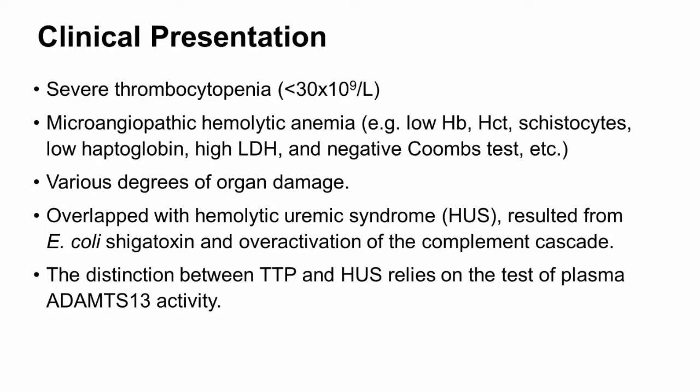In adults, it can also be caused by overactivation of the complement cascade. So the distinction between TTP and HUS clinically can sometimes be very challenging. The good news is that ADAMTS13 can now be measured in these patients.